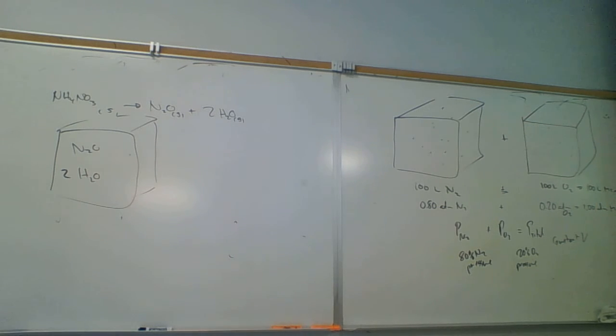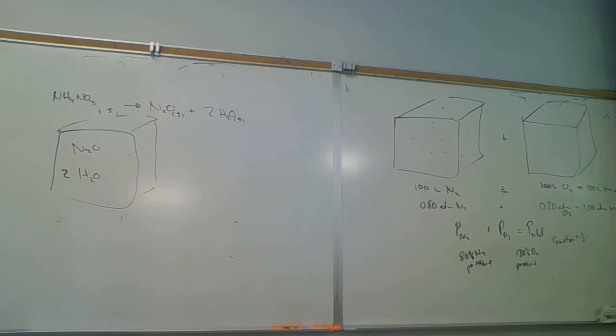Is that by mass? Like for every 1 gram of nitrous oxide, I get 2 grams of water? No, it's not by mass, it's by mole. That's because chemical formulas and chemical equations tell us the mole ratio, not the mass ratio.